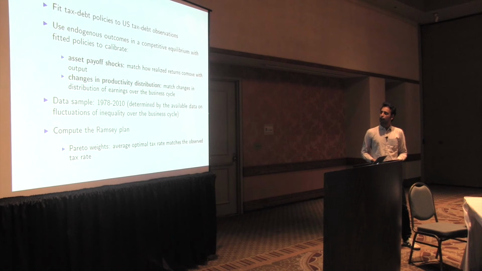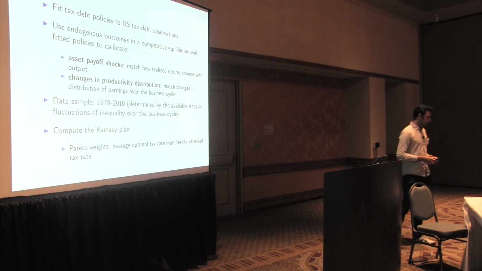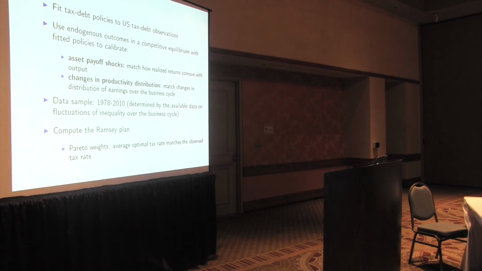Yeah. So let me describe the strategy here. The data we have is on earnings and returns. The objects which we want are productivities and payoffs. To map these two, we have to deal with the fact that earnings and returns are endogenous.